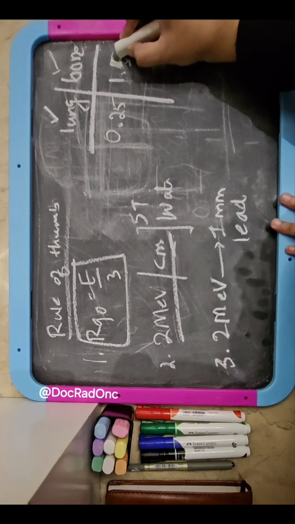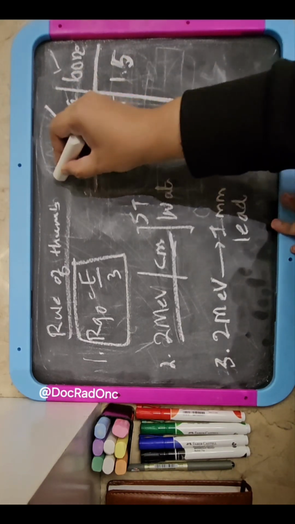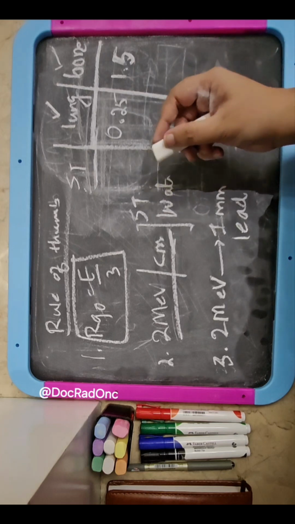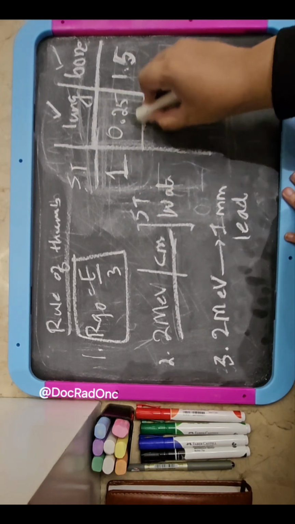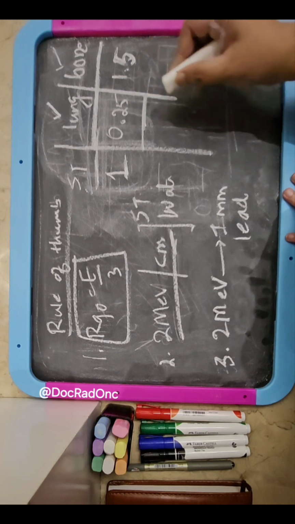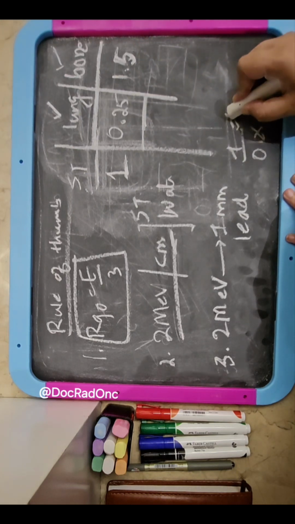Alright, this is 1.5. So in soft tissue or water, if the electron beam travels 1 centimeter, then what would be the distance it travels in lung? It will be 1 divided by 0.25, that is 4.